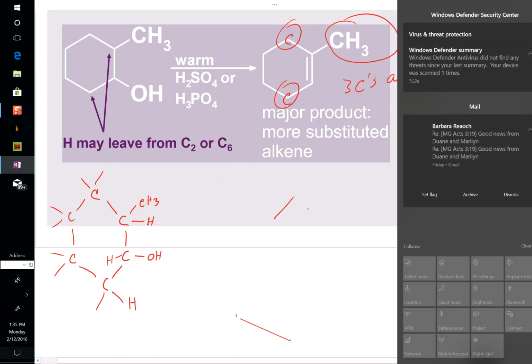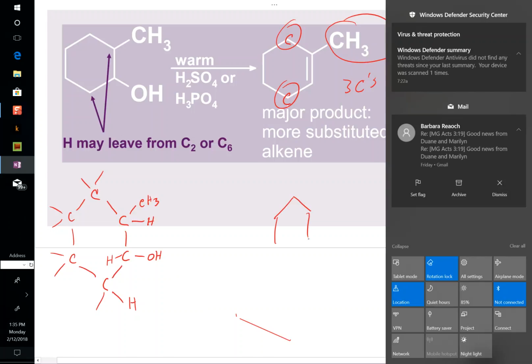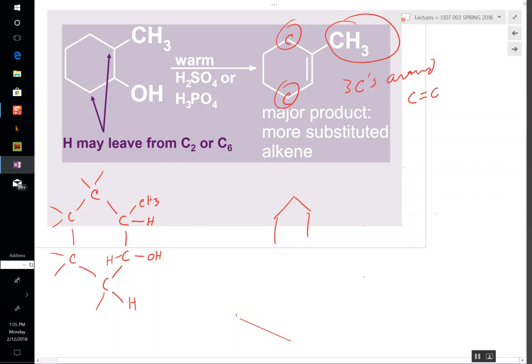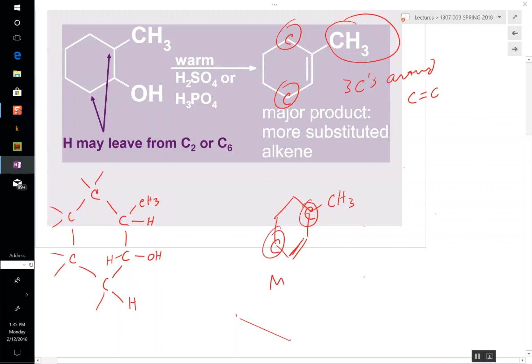The other product with the double bond right here has only 2 carbons around it. This is the minor product.